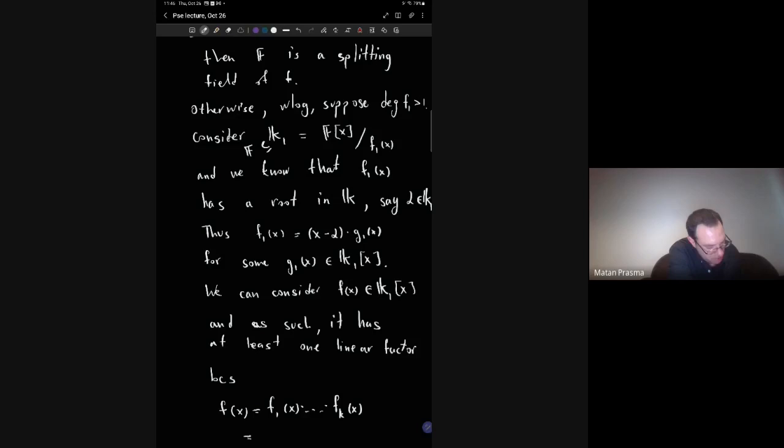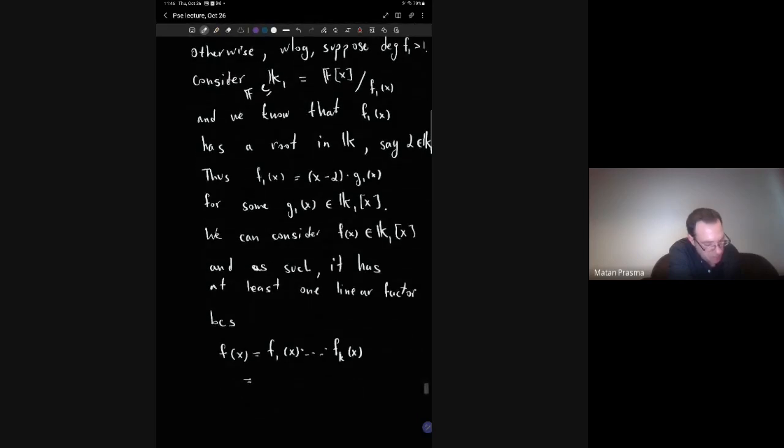And now over K1, I can write f1 as x minus alpha times g1, and the rest I leave the same: f2(x) up to fk(x).